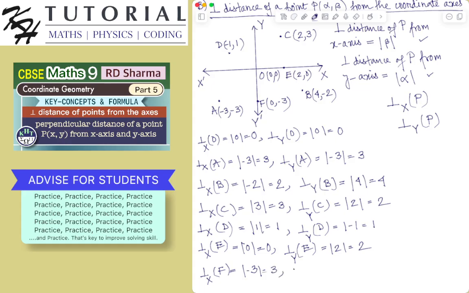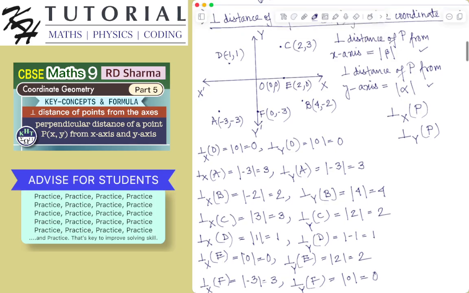And the perpendicular distance of the point F from the y-axis is equal to the absolute value of the abscissa of point F, which is mod of 0, which is equal to 0. So with these examples, I hope it is clear what is meant by the perpendicular distance of a point from the x-axis and y-axis.